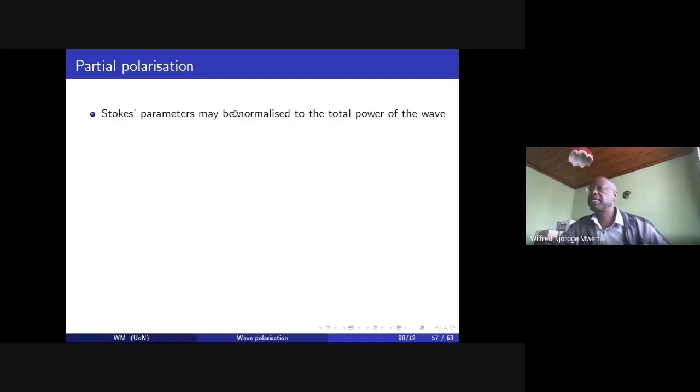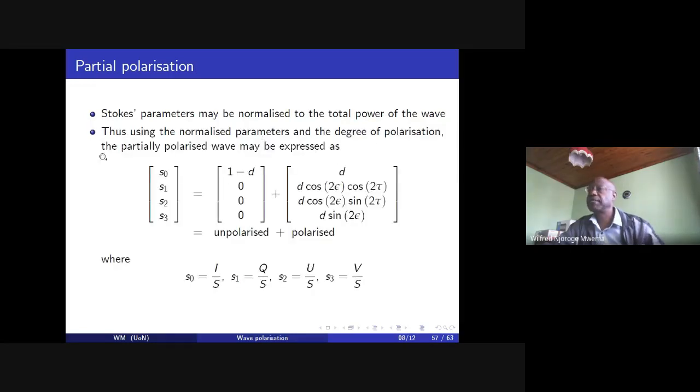And Stokes parameters may then be normalized to the total power of the wave, and we write them now as small letters. Using the normalized parameters, we have S0, S1, S2, and S3 in matrix form. And we see that for the unpolarized component, we have that.